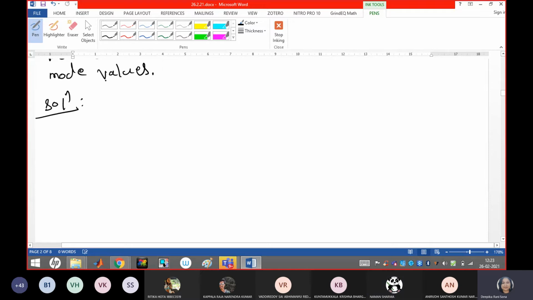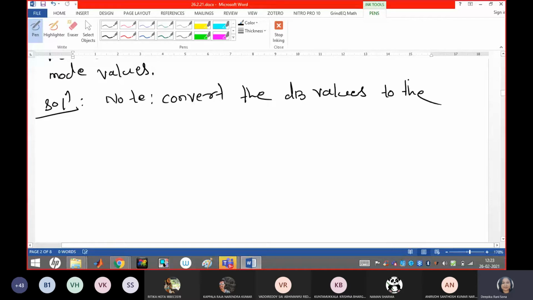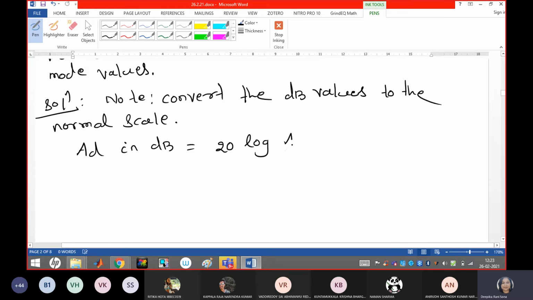Yes, ma'am. So we have to proceed like this. I'm writing this for your reference, guys. Note: convert the dB values to the normal scale. Then AD is given in dB value as 20 log of AD, right?